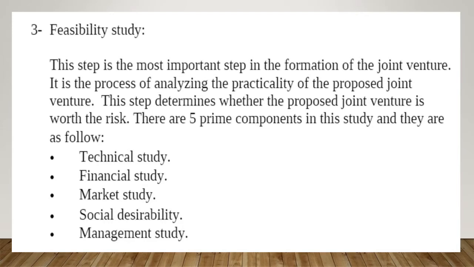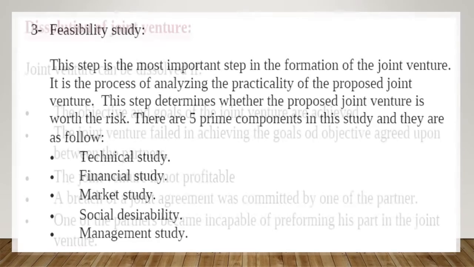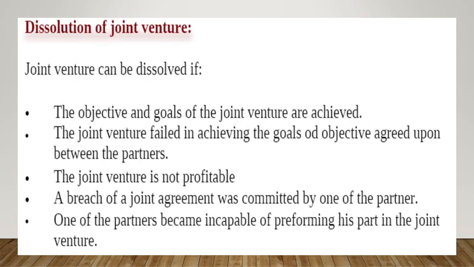Another one is execution or decision making. Sometimes it is needed to resolve a joint venture. According to the goals and objectives, a joint venture may be resolved. When the venture is closed, automatically the joint venture will be dissolved.